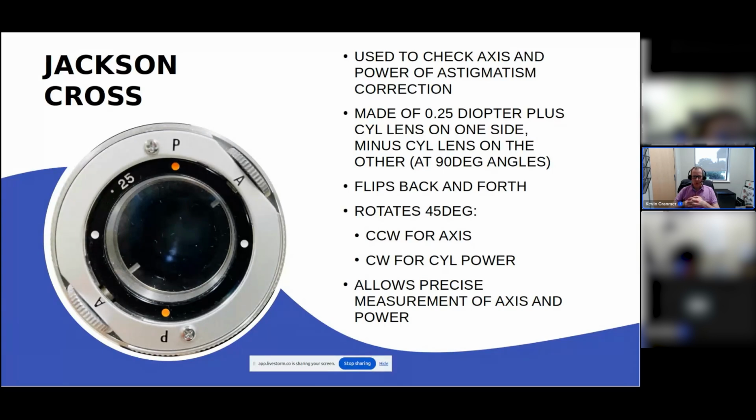By rotating the Jackson Cross lens clockwise or counterclockwise 45 degrees, there are little detents that it'll click into. You can align that Jackson Cross lens with the axis on the machine, and you can check either axis or power. And we'll be doing that in just a sec here.